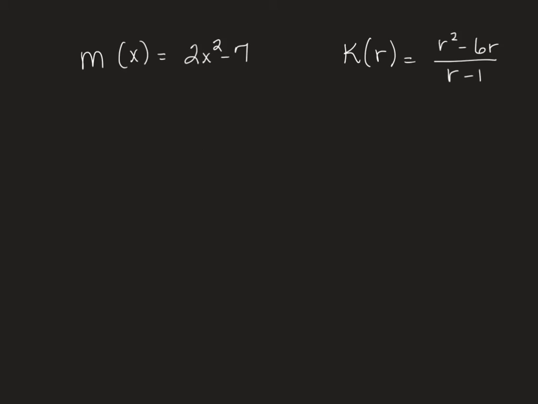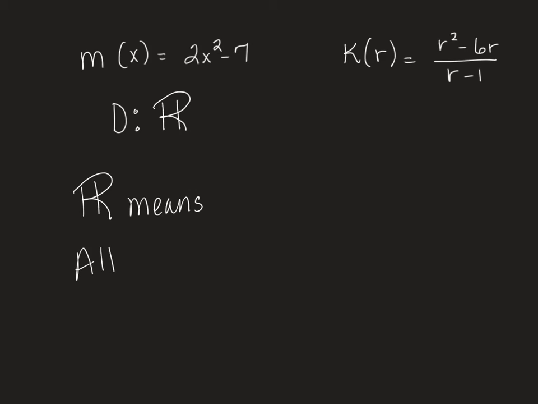So we go down to no. And since this answer is no, all I have to do is state that my domain is all real numbers. This symbol means all real numbers. That is the symbol for that. So if you ever see that, that's exactly what that means. And it tells me anybody can be plugged into that with no issues.